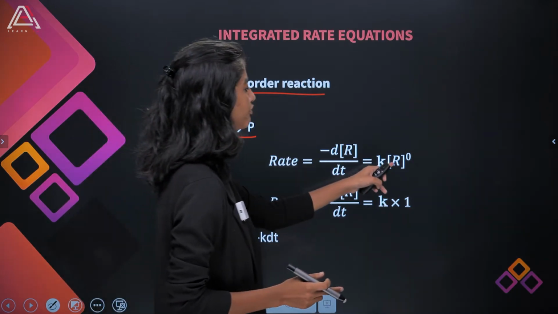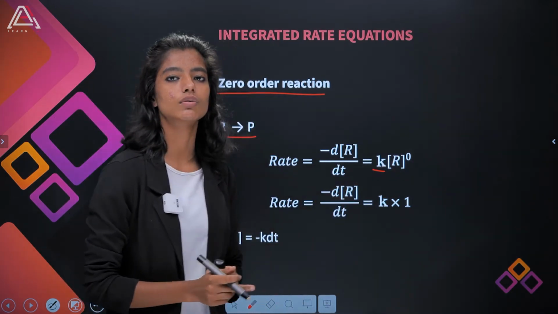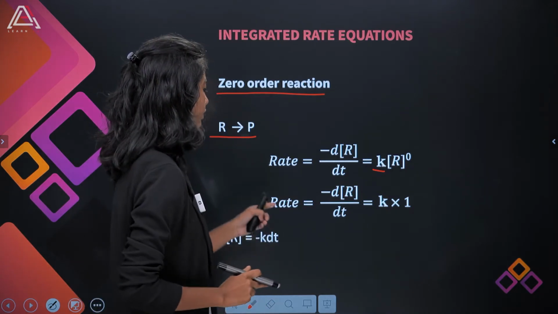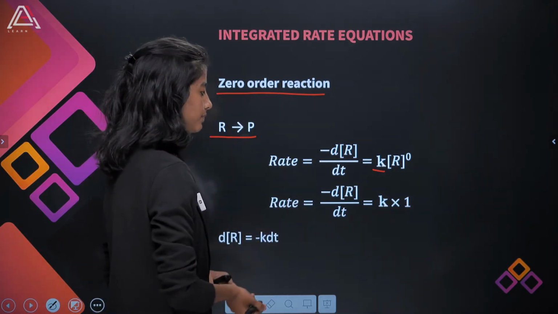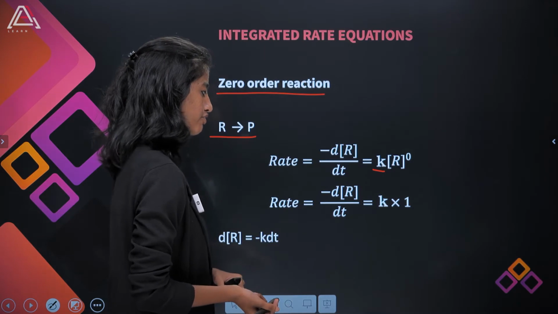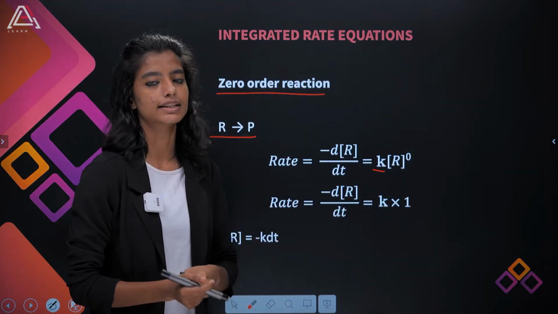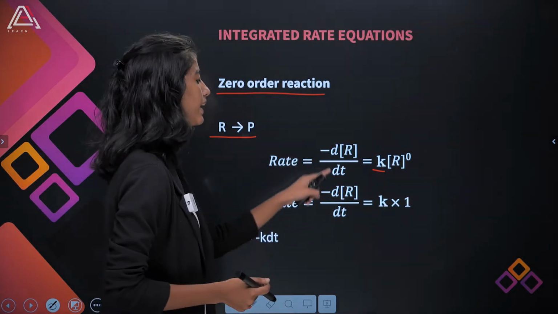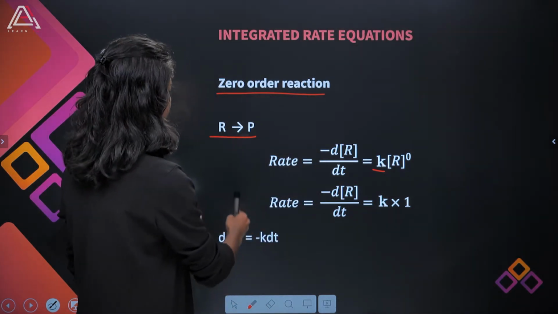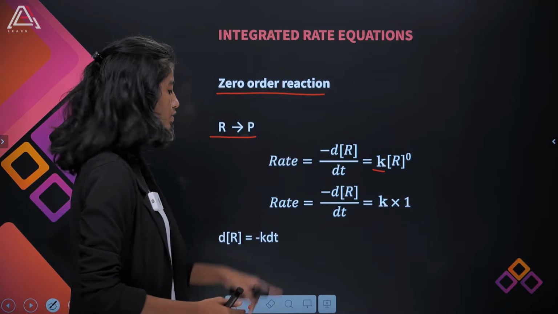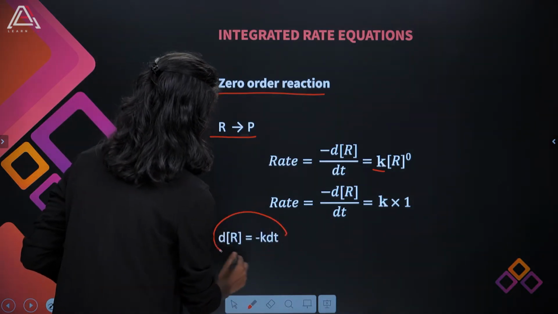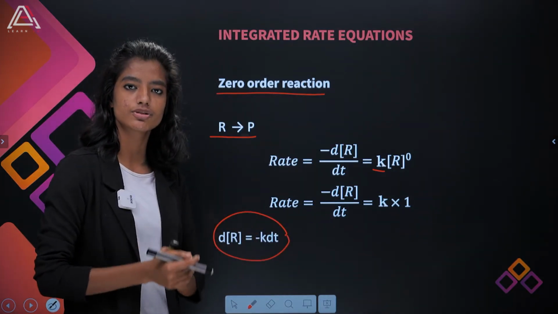So the concentration of R power 0 is equal to 1. So we can rewrite this equation as rate is equal to minus d concentration of R divided by dt is equal to K into 1, that is equal to K. And again we can rewrite this equation as d concentration of R is equal to minus K dt. So this is the differential form.